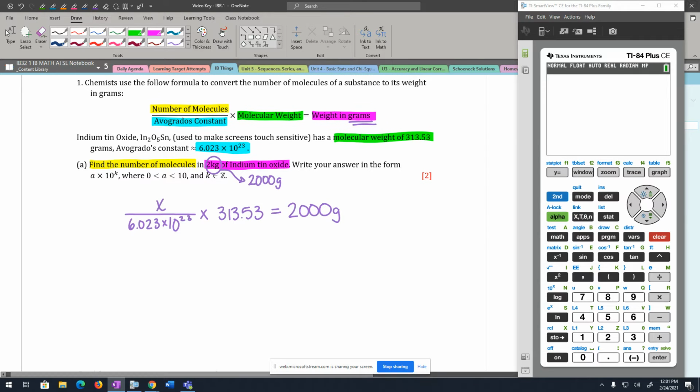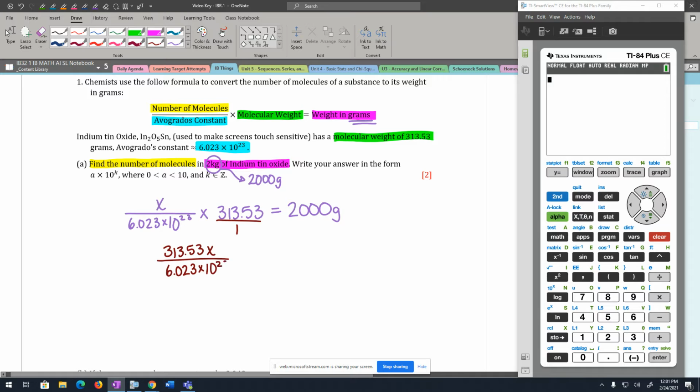All right. What I see is 2 fractions being multiplied. So I'm going to multiply across. So I have 313.53x over 6.023 times 10 to the 23rd is equal to 2,000.